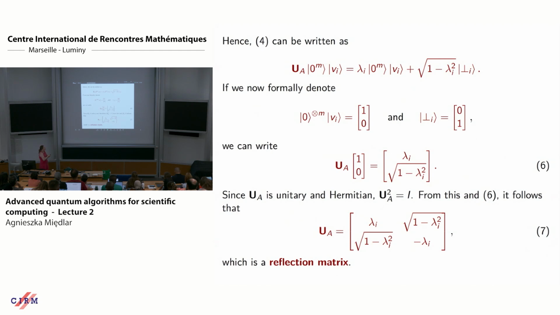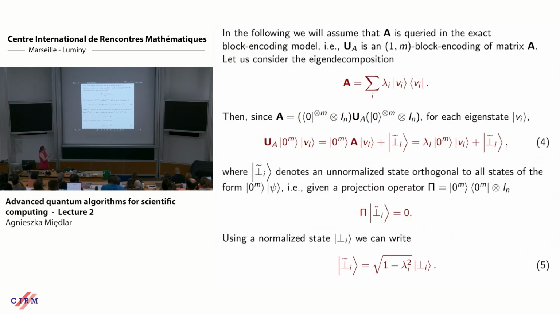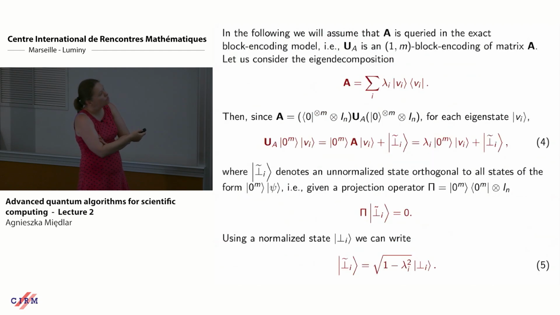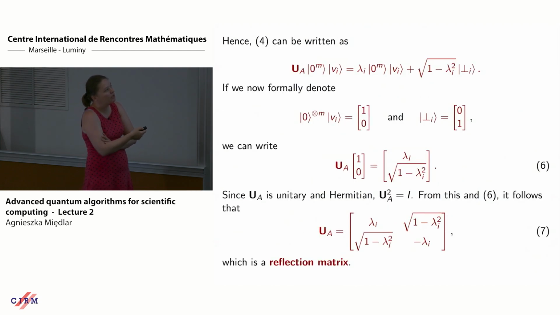Okay, so now if I do the calculation from before, let me just go back. I apply UA to this object, which I now denote by 1, 0, and I use the following definition. I know that this is 0, 1 in my notation, and I also know that this is lambda times 1, 0. So just plugging in everything, I know that my block encoding UA applied to the 1, 0 vector gives me this vector.